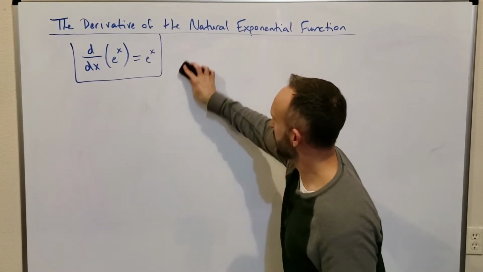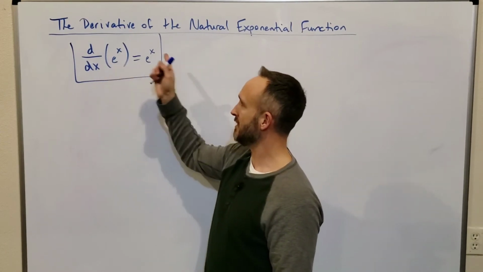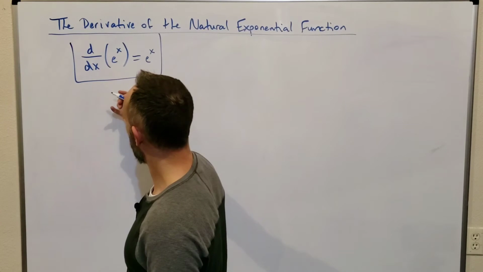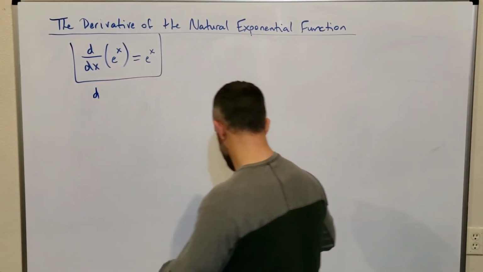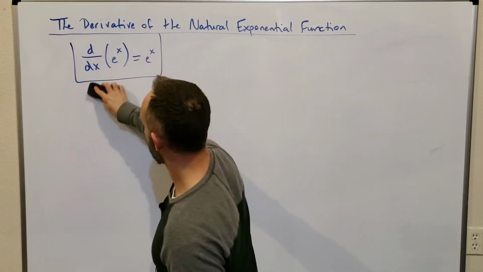All right, but let's see why the derivative of e to the x is e to the x. So we know that if we want to differentiate e to the x, we could do it by looking at a limit.